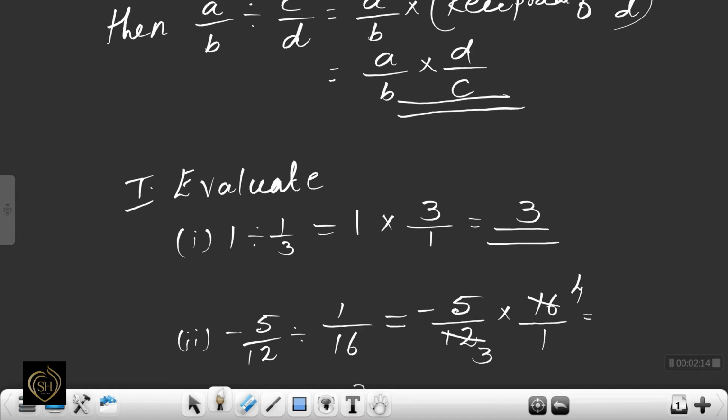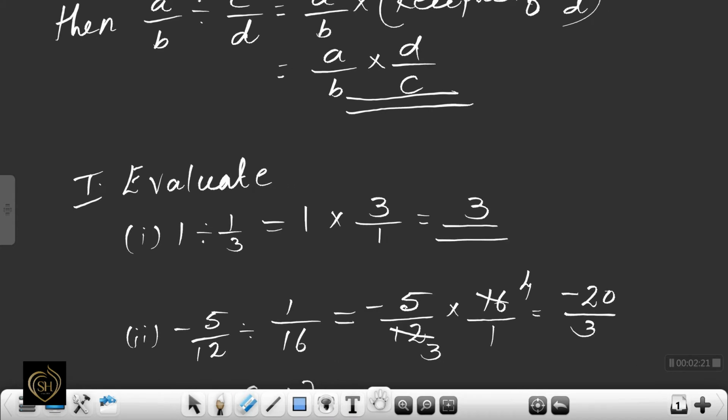So our answer is negative 20 by 3. If it is an improper fraction, we want to convert it into a mixed fraction, that is equal to 6 3s are 18, balance 2. So our answer is negative 6 2 by 3.